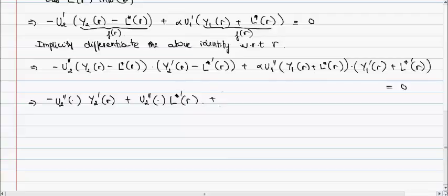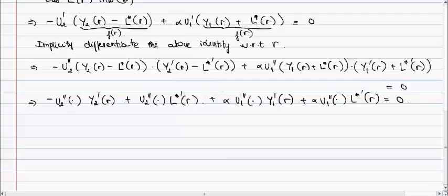Plus, now over here I'll do exactly the same thing: alpha u1 double dash as a function of the things inside, I'm not going to rewrite it, multiplied by y1 dash as a function of r, plus alpha u1 double dash as a function of everything inside, multiplied by L star dash as a function of r, and it has to be equal to 0.